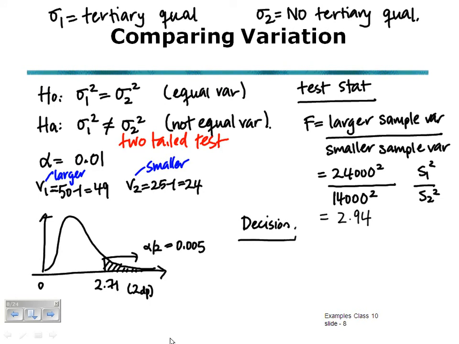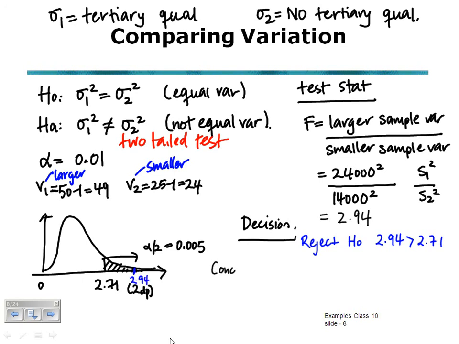So our test statistic, 2.94, is in the rejection region. Our decision is to reject the null hypothesis, because 2.94 is bigger than the critical value of 2.71, so it's over in the rejection region on the right-hand end.